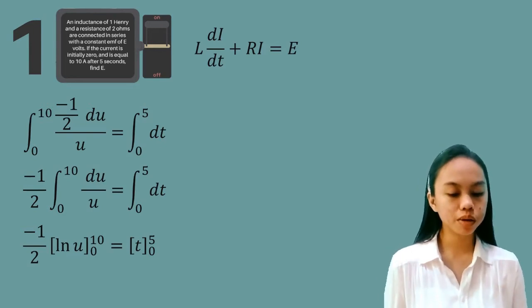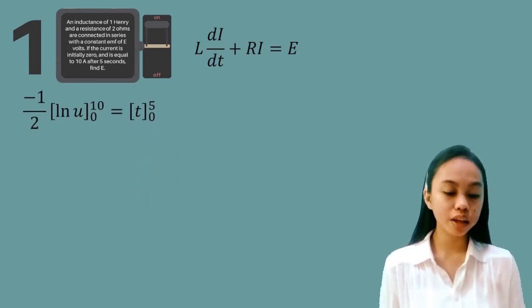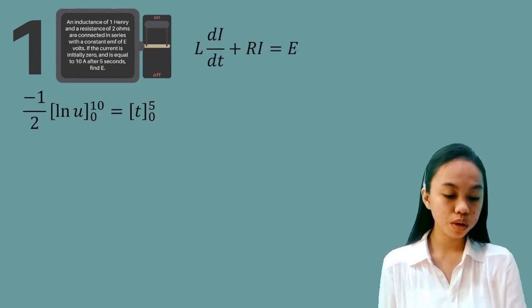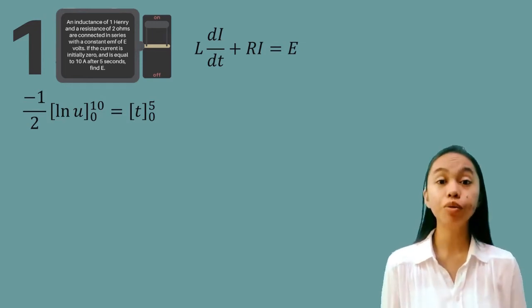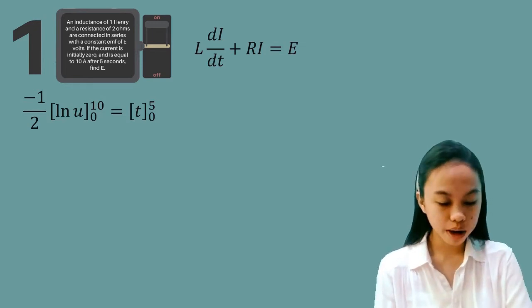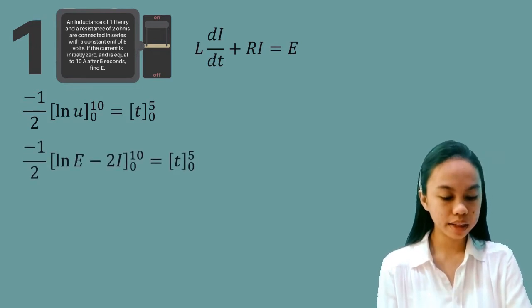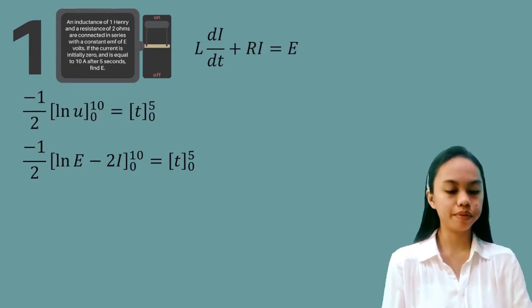So now that we already have our ln u, all we need to do is we will substitute e minus 2i to our u, since we have let e minus 2i as our u earlier. So we will now have negative 1/2 ln e minus 2i evaluated from 0 to 10 equals the integral of t evaluated from 0 to 5.